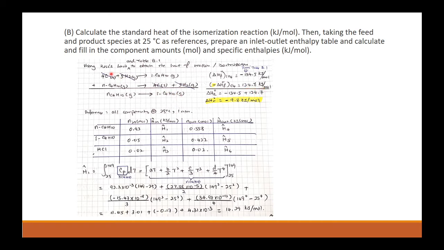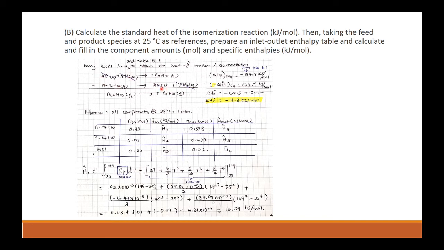We do this so that we can combine these two equations to get the net isomerization equation for NC4 to IC4. We cancel 4C with 4C, 5H2 with 5H2, and that leaves us with this net equation.